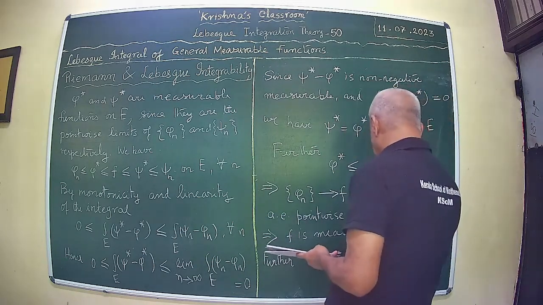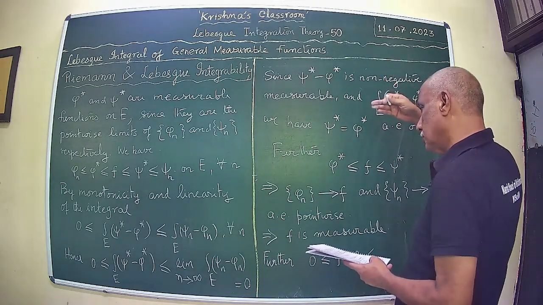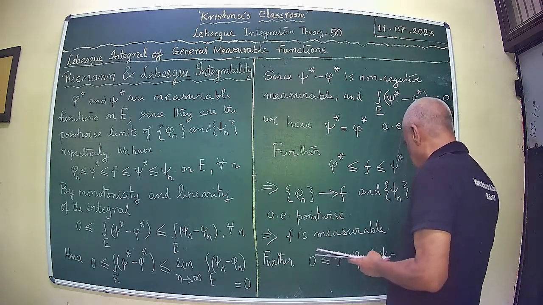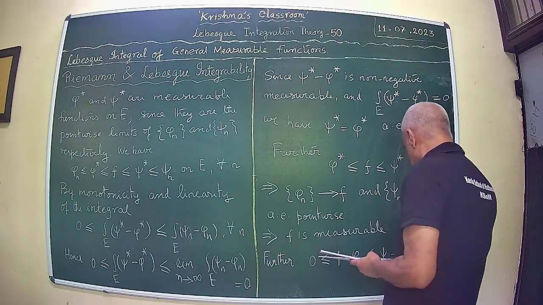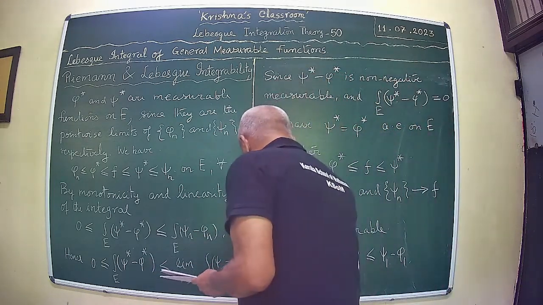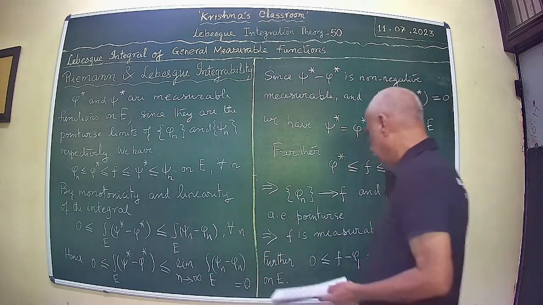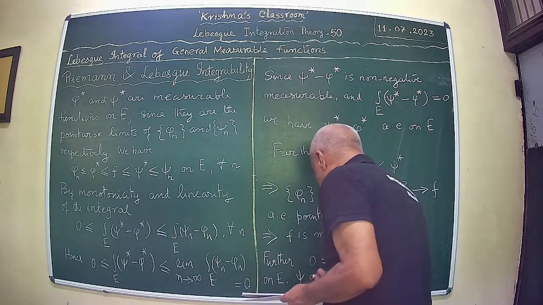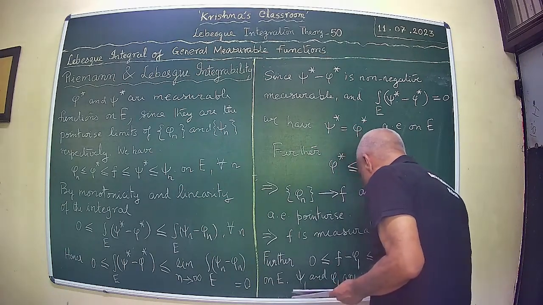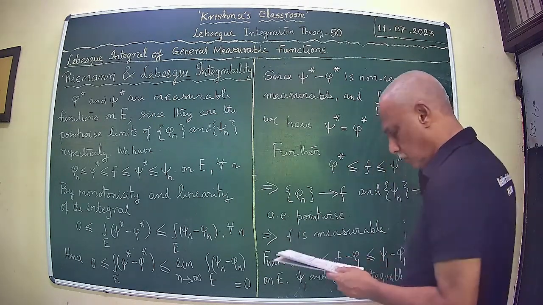And this is less than or equal to, because psi 1 stays above f, psi 1 minus phi 1 on E. Now, psi 1 and phi 1 are integrable over E.